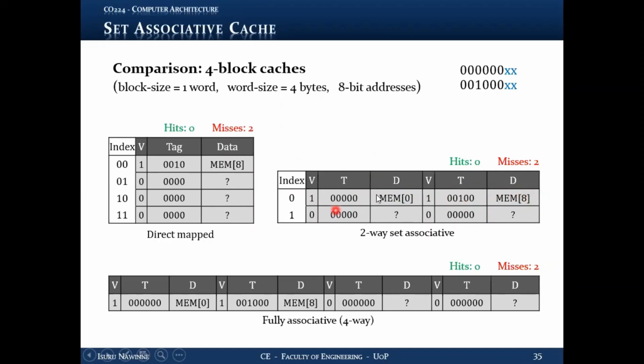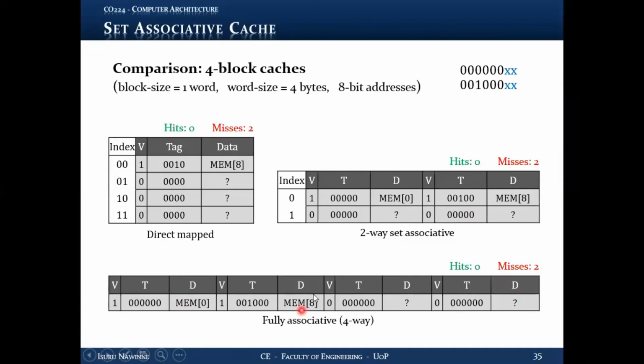So we didn't have to throw out the old data like in the direct mapped implementation. We could keep the old data as well as save the new data, right? So we have a new valid entry with tag 0010 from memory 8. Then fully associative is the same.